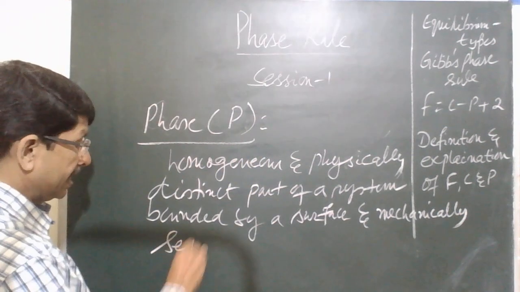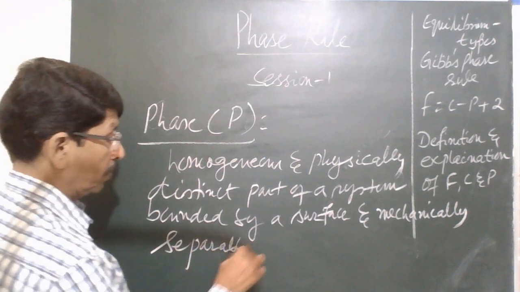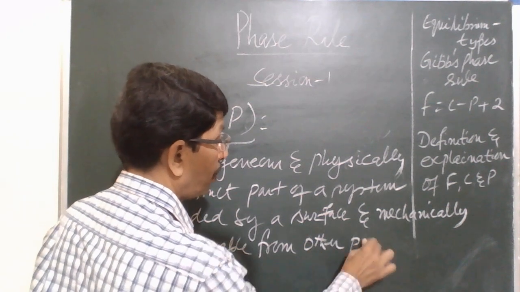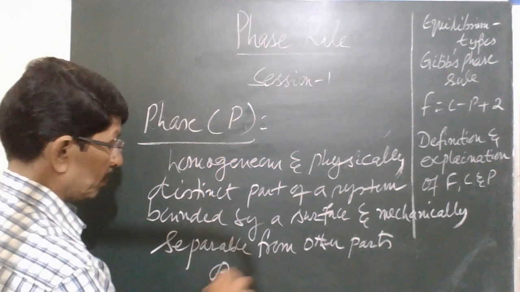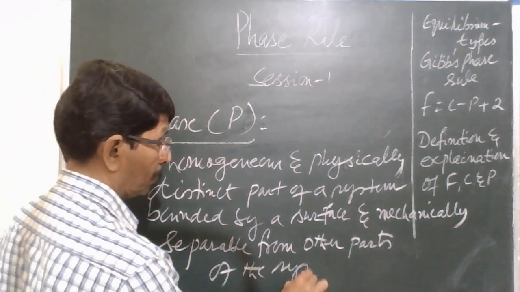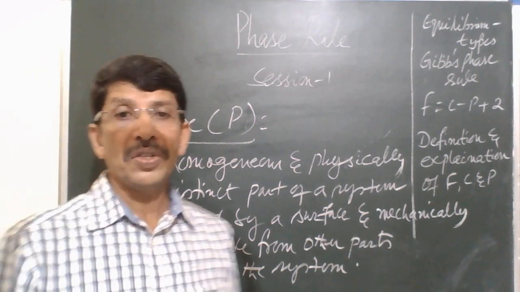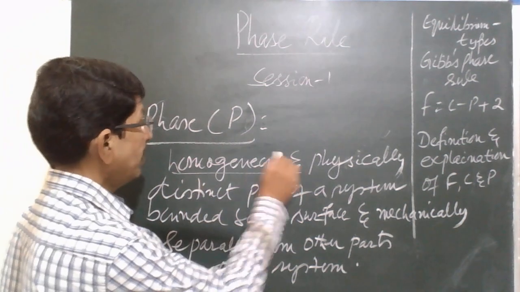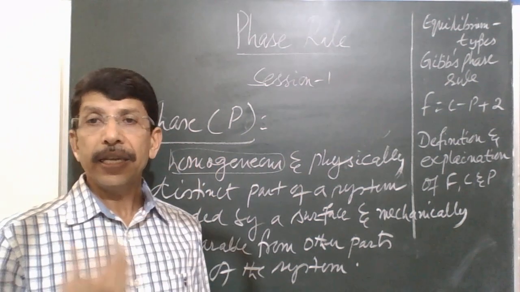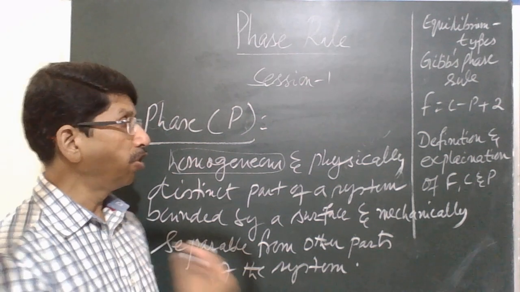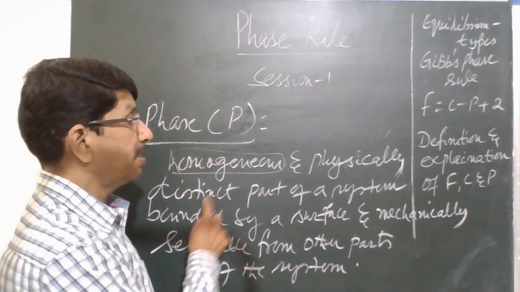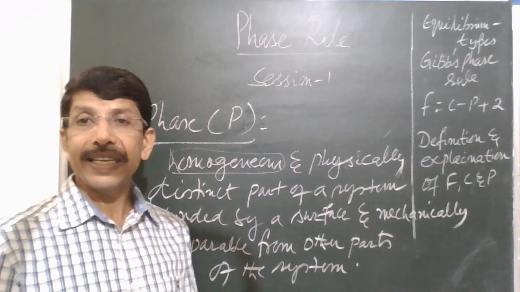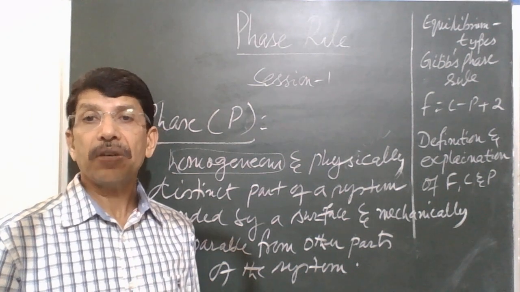Mechanically separable from other parts of the system. This is the definition of phase. Whenever I consider phase, a phase is always a homogeneous one. So a homogeneous and physically distinct part of a system bounded by a surface and mechanically separable from other parts of the system.